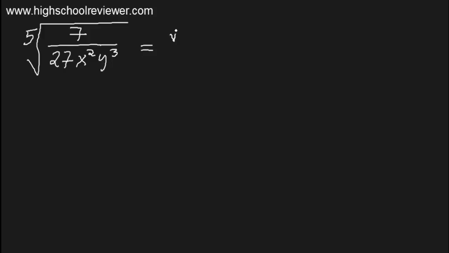So we can rewrite this as the fifth root of 7, and the denominator would still be the fifth root of our existing denominator, which is 27 x squared y cubed.